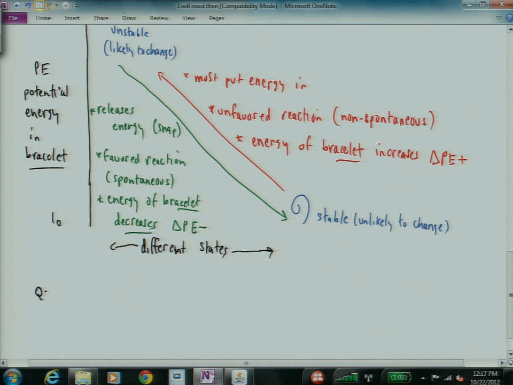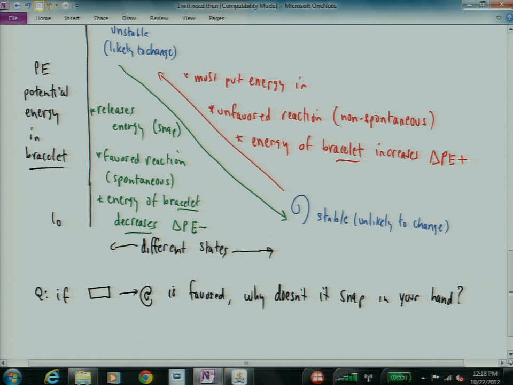If going from straight to coily is favored, why doesn't it snap in your hand? Right? So, sure, I'm saying that this is unstable. Right? It really kind of, in our wanting way, it wants to be coiled. Why doesn't it coil? How come I can keep it there for as long as I like?